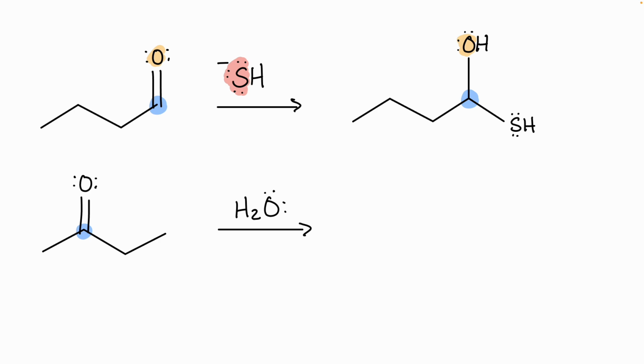All right, I got my ketone here, so that electrophilic carbonyl carbon. And what atom is my nucleophilic site in my nucleophile here? The oxygen or the hydrogen? The oxygen. Again, we need all that electron density for it to be a nucleophile. All right, so I'm going to redraw my electrophile here.